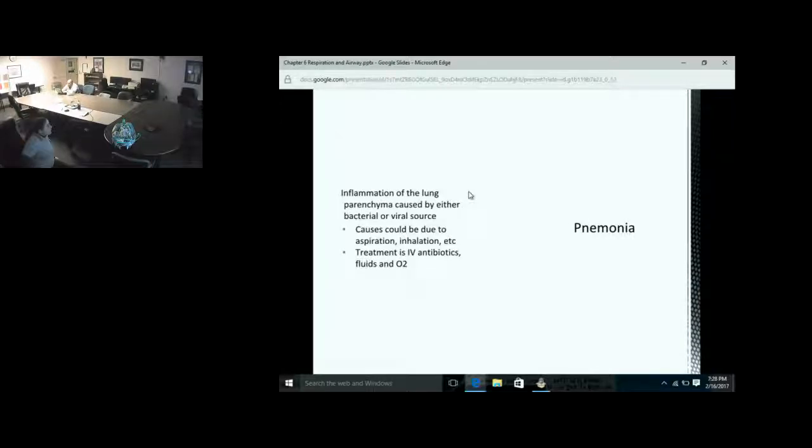Pneumonia is like 6 pages in the book, and it lists out all these different kinds. Really cool, because each different kind is caused by something different. I figured out the other day that I had a patient with a streptococcal pneumonia, based on the fact that I think he had an infection going on.